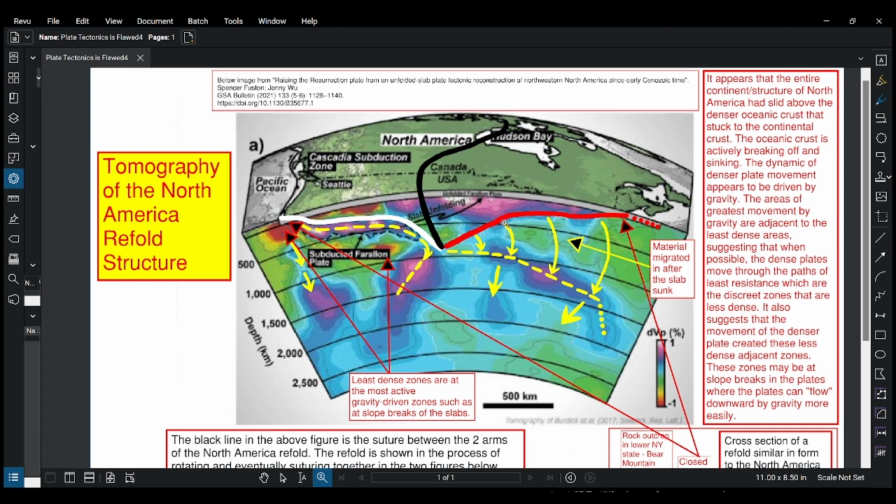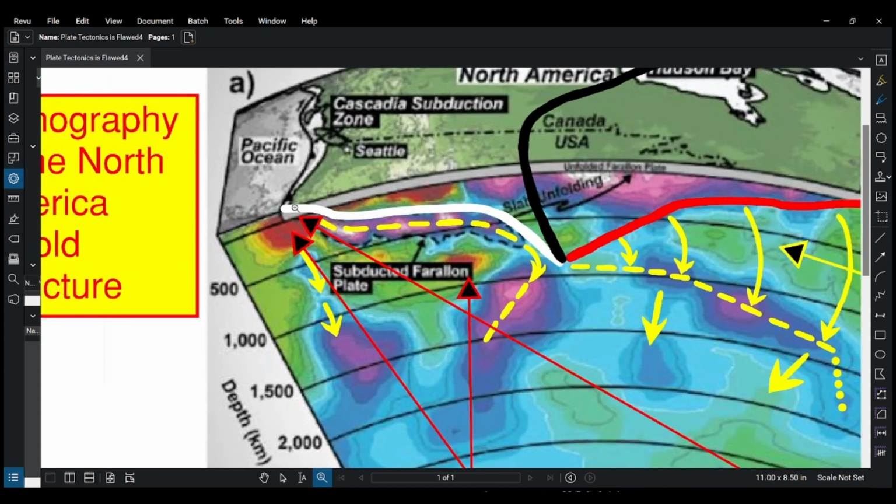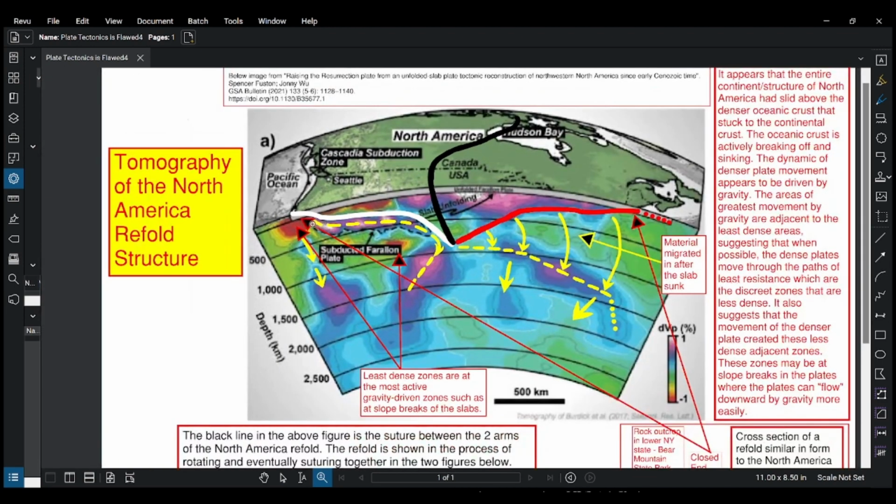All right, so slope break here, destabilizing. And if you look at here, your less dense is your red because there's a lot of action in here, a lot of molten material. And you got this slope break here. It comes down, so it's going to suddenly drop down there.